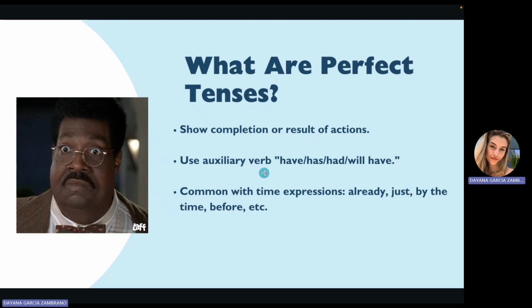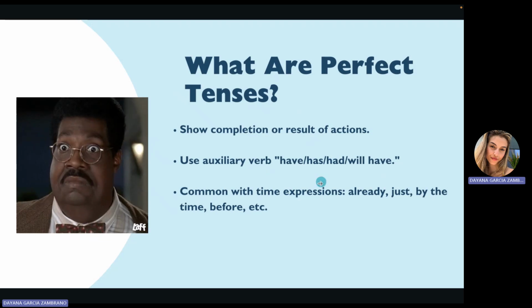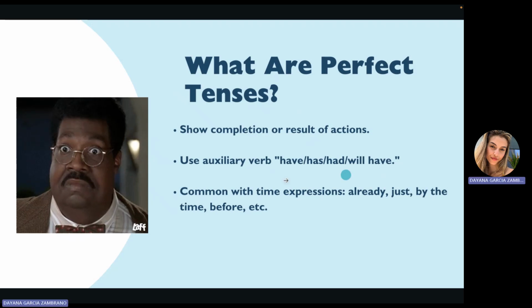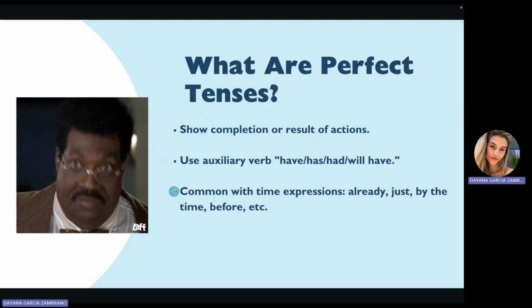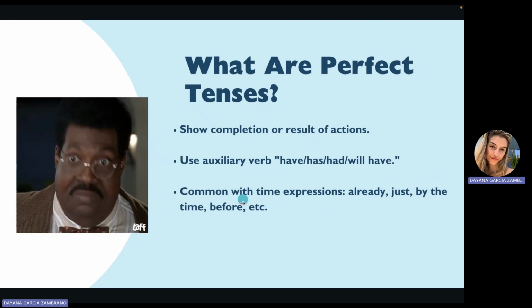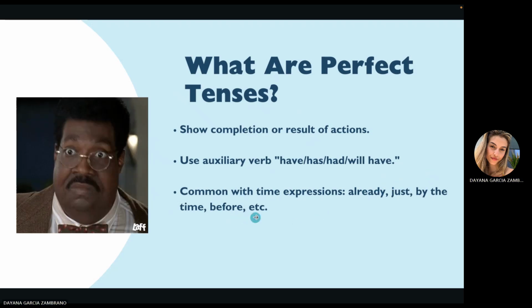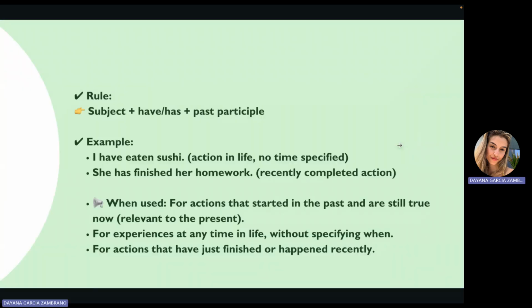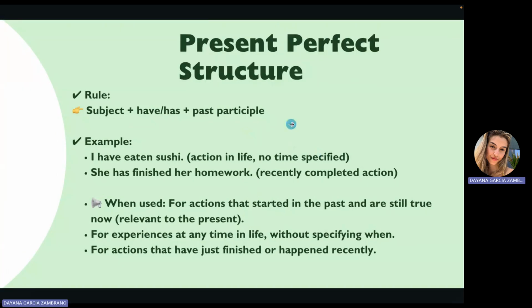We use the auxiliary verb have, has, had, or will have. And we use them with common expressions like already, just, by the time, before, and so on.